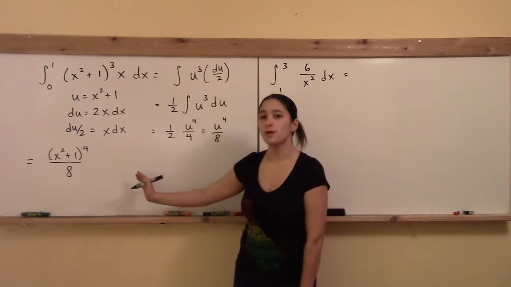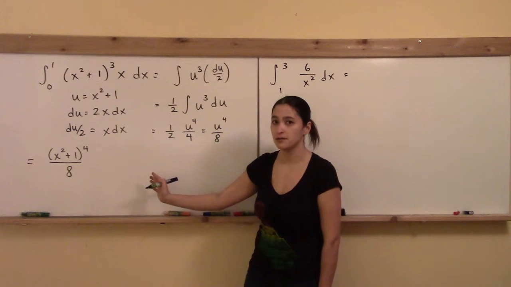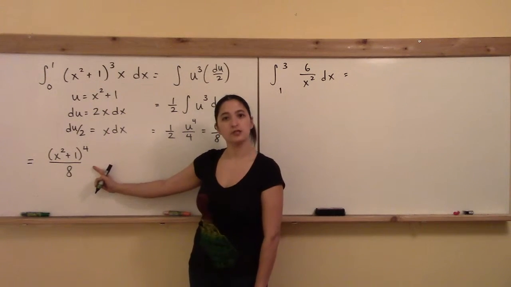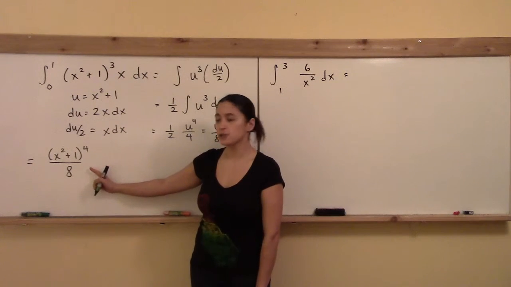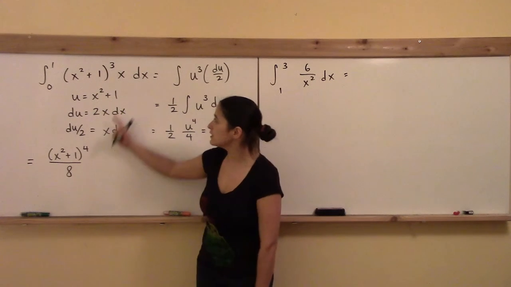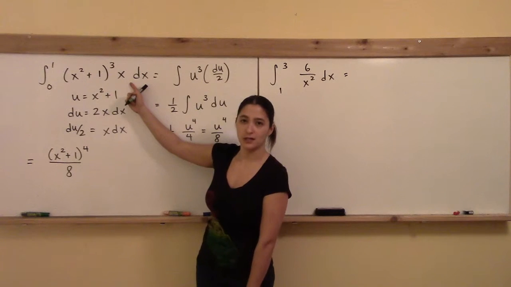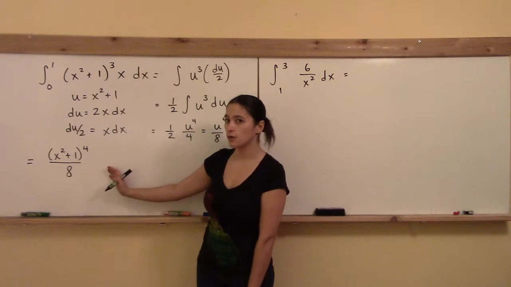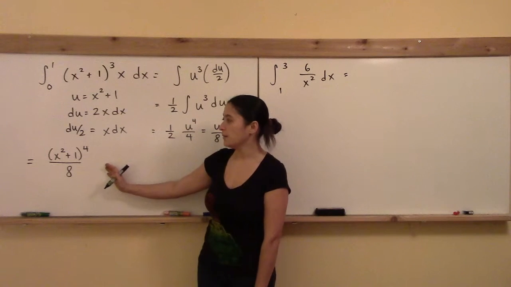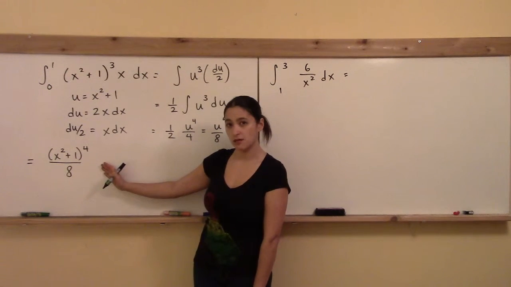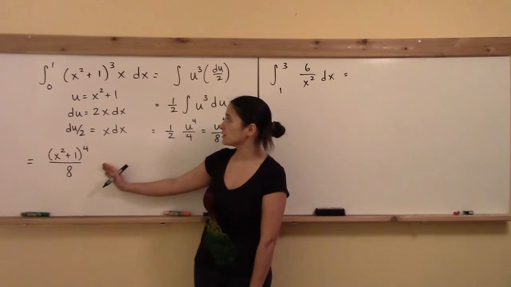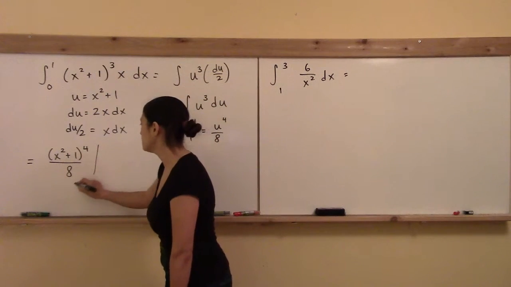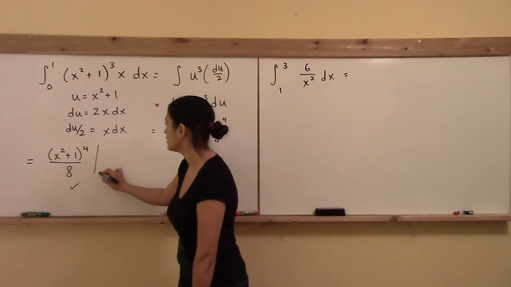Remember, before you move on to the evaluation of the bounds part, you're going to want to take a minute to pause, take the derivative of this function, and make sure that the derivative matches the integrand in the integral in question. Now I'm going to leave that to you to do on your own. Don't forget to use the chain rule and multiply by the derivative of the inside function when you're checking your work there.